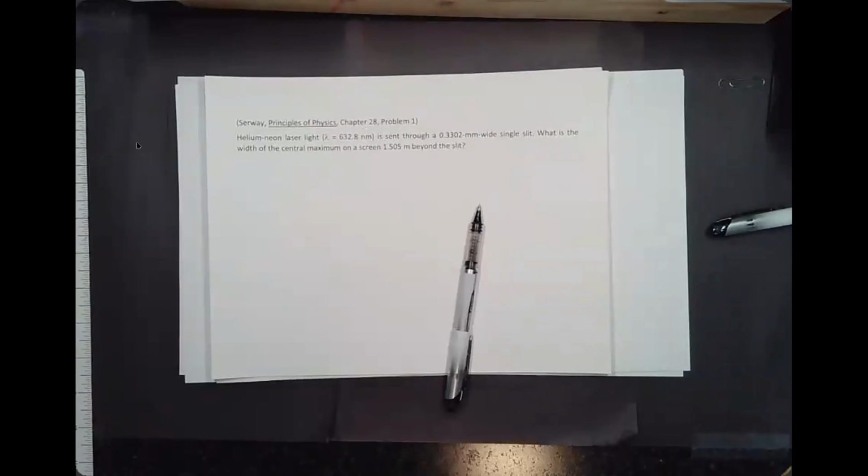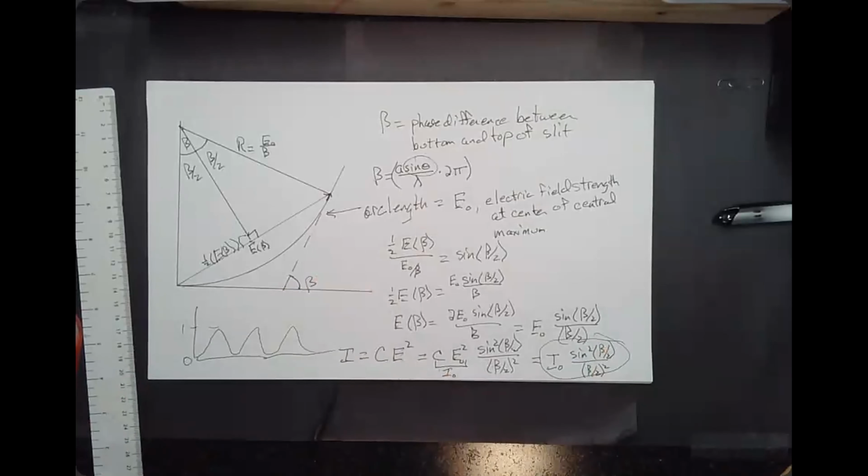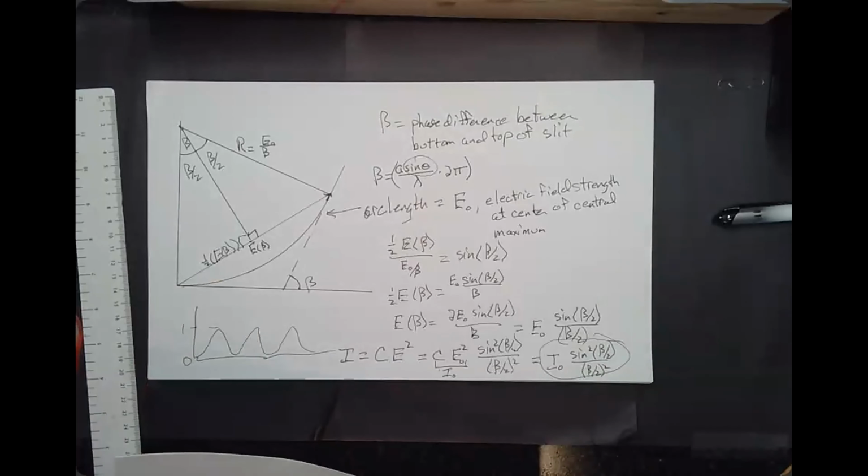And so this keeps getting bigger and bigger, and that's why those subsequent maxima end up getting less and less, and after a while you can't even see them anymore. So this formula explains all of that stuff in one fell swoop, but it was hard to get to it. And I don't expect you to be able to do that necessarily, although you could work through it if you like.